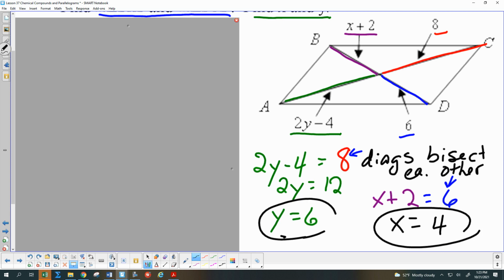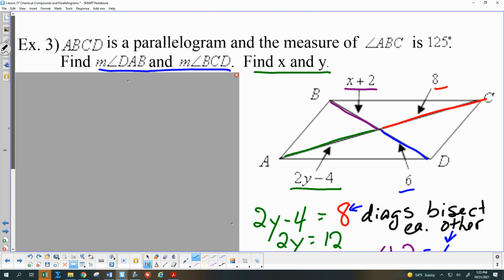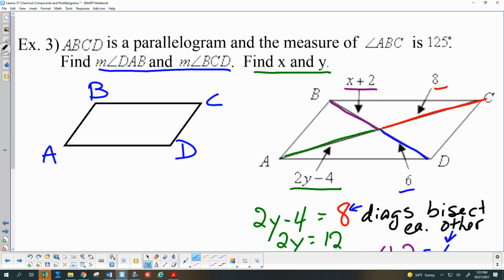Now, because my picture's a little bit messy, you wouldn't probably do this on your paper, but I'm going to do it to make it a little bit easier to explain as we talk about it. I'm going to redraw the picture without the diagonals in there. They tell me in there that ABC is 125, so that would be this angle up here.